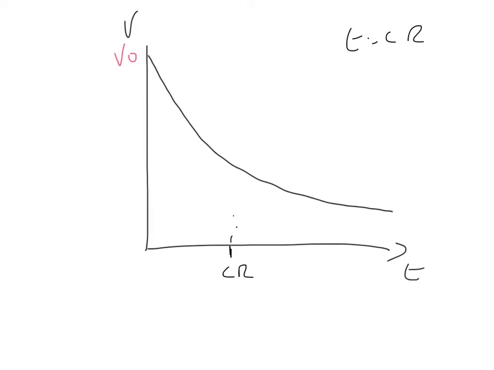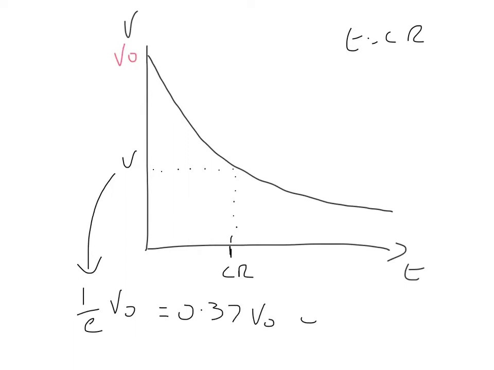Now, as I move up and I go across, I get a value of V. Now, this value of V here is actually 1 over e the value of V0. So essentially, in your calculator, you put 1 over e times V0. So it'll be about 0.37 the value of V0, or 37% the value of V0.